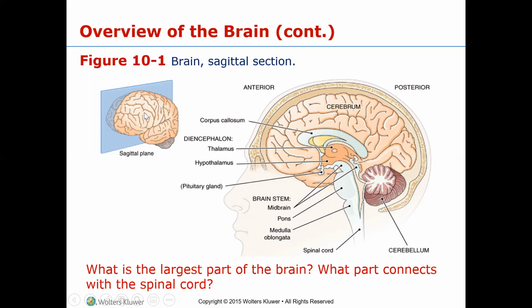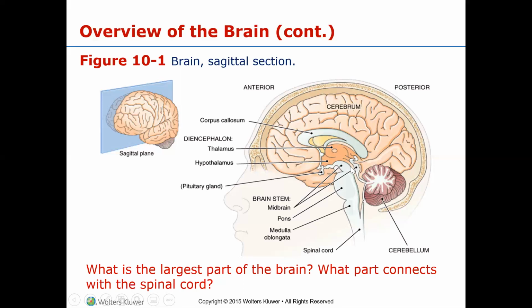And so you have the cerebrum up here, okay? And then up inside of the cerebral hemispheres, we have the diencephalon, which houses the thalamus and the hypothalamus, okay? And then hanging off of that is the pituitary gland.